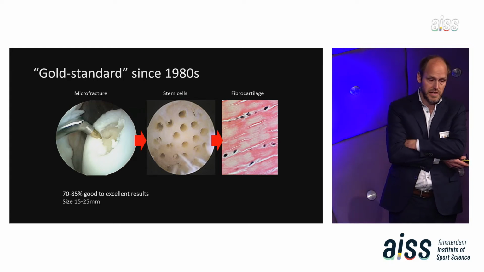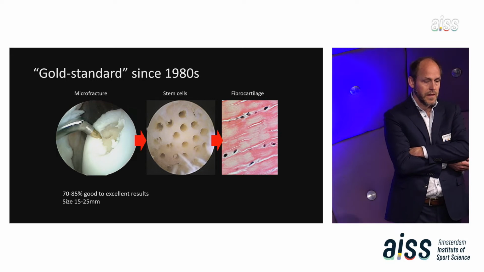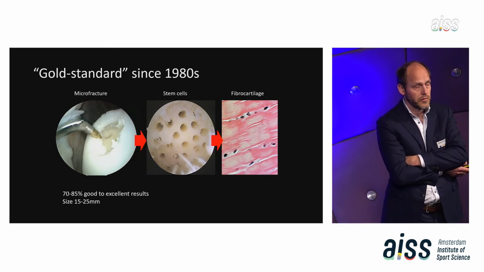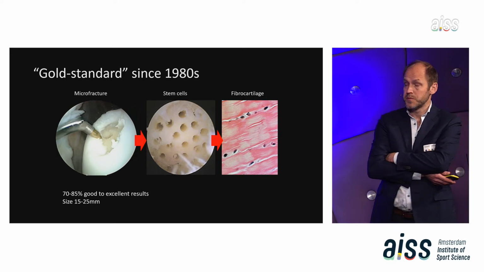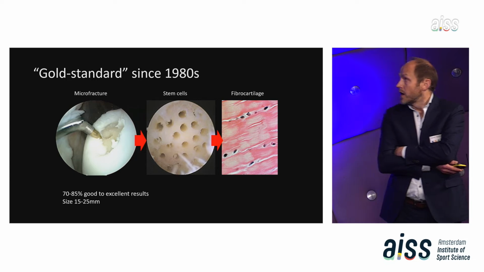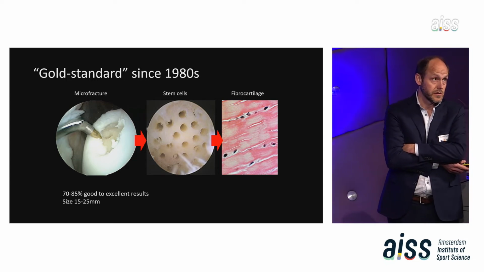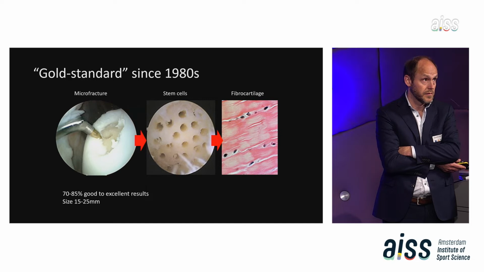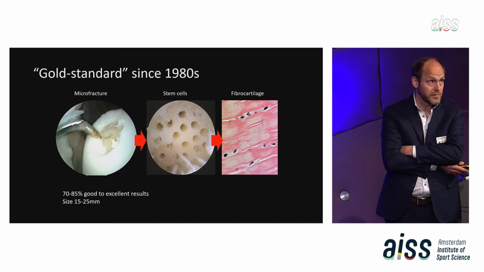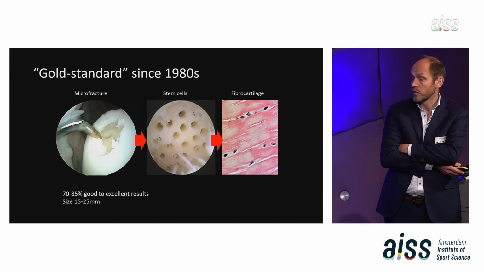It's really the gold standard, even more so since arthroscopic therapies became available. However, this stimulates formation of fibrocartilage, and that probably degrades over time as well. So this is not a definitive solution. We're still looking for better treatments.